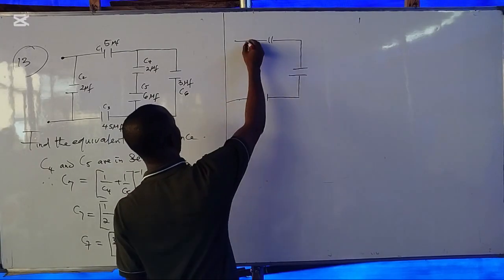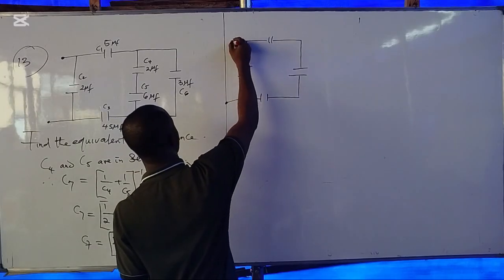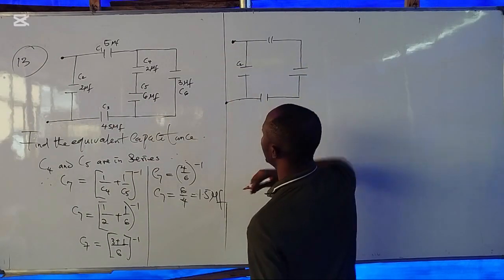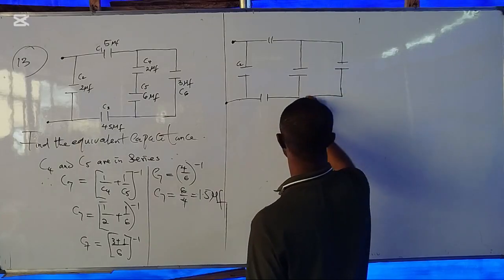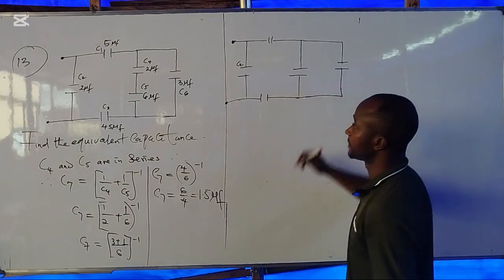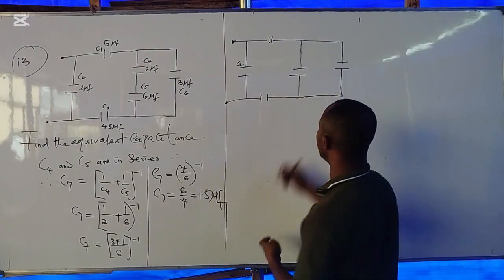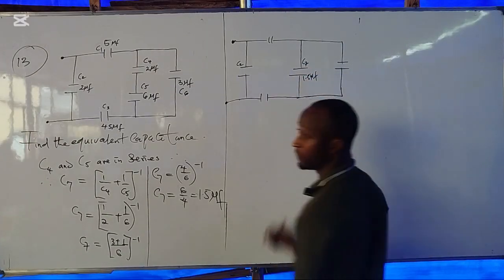Here we still have our C2, right? Okay, are you there? So this is now in parallel with this, right? This one represents C6, and that's 1.5 microfarad, right?